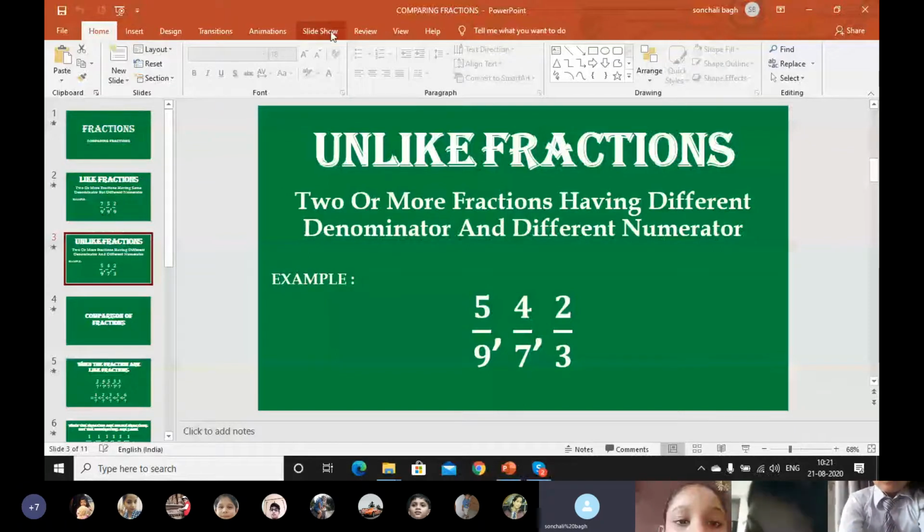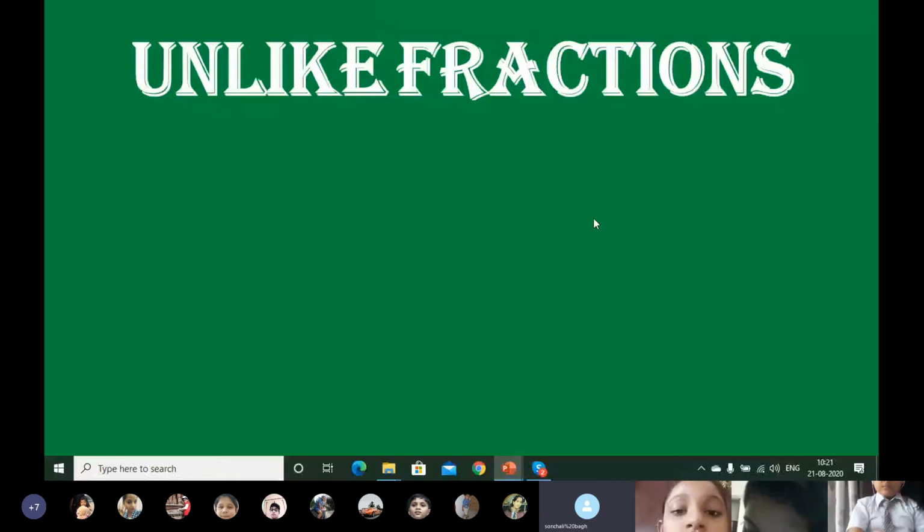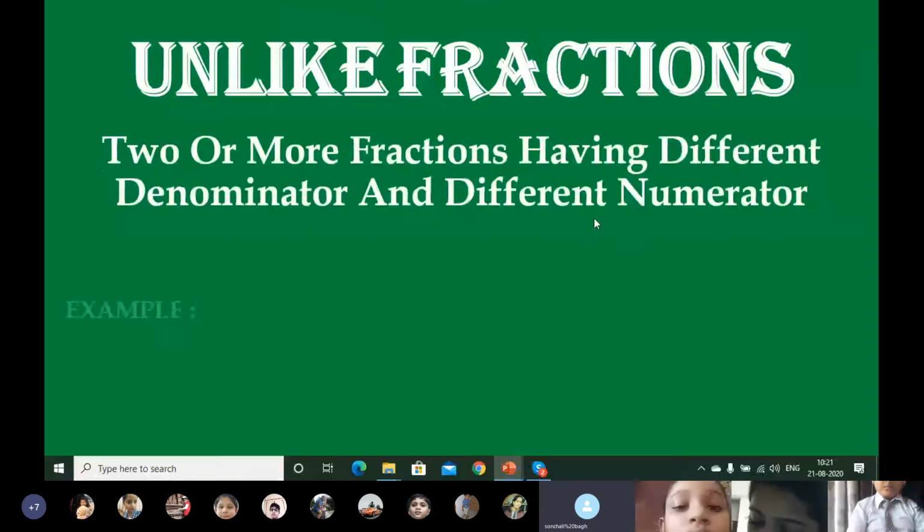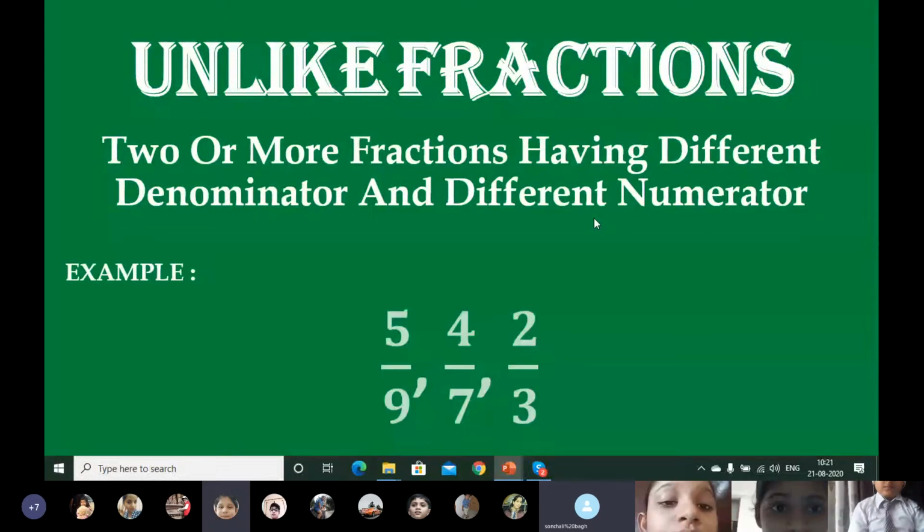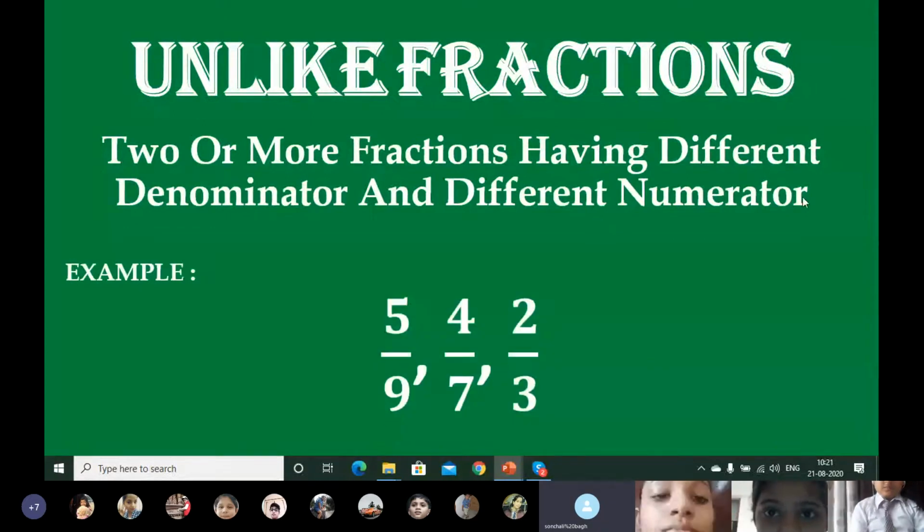Okay, so we have done this. Have you copied? Please wait, copy it down. Two or more fractions having different denominators and different numerators.